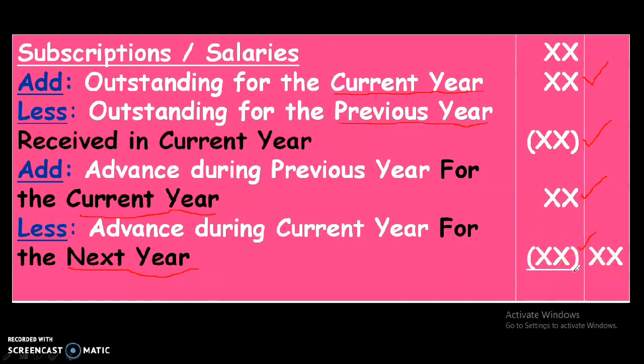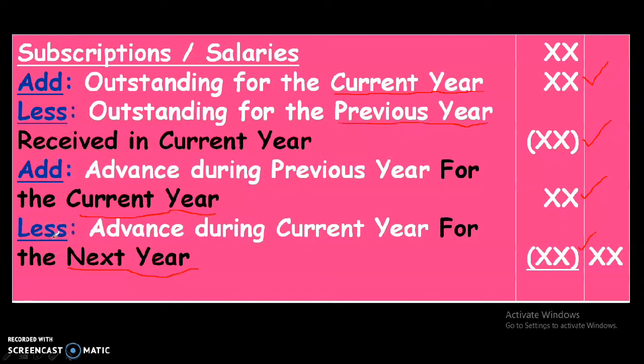So as I told you, all that is for the current year we add. Over here we can see outstanding for the current year, advance during the previous year for the current year. So again add. All that is not for the current year, that we less. Example, here, outstanding for the previous year, received during the current year. It was outstanding for the previous year. Again, something that is less, advance during the current year for the next year, the amount for the next year.